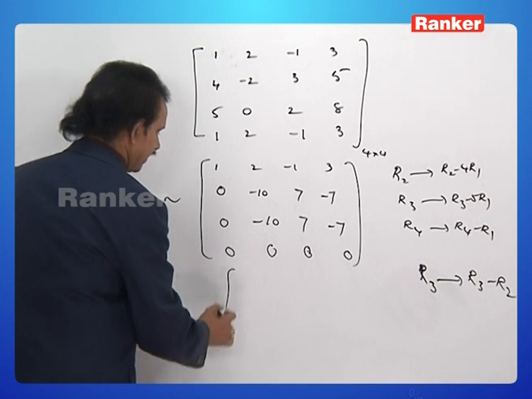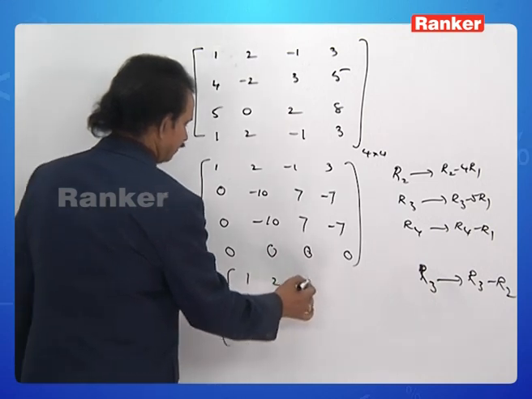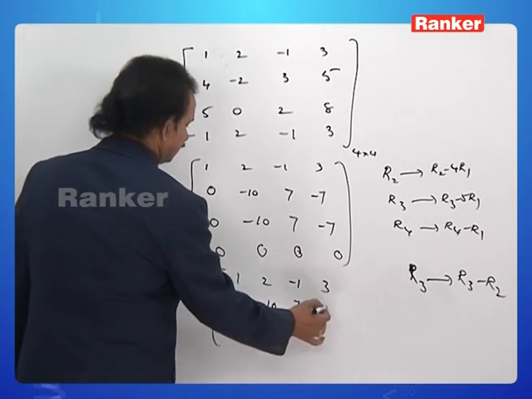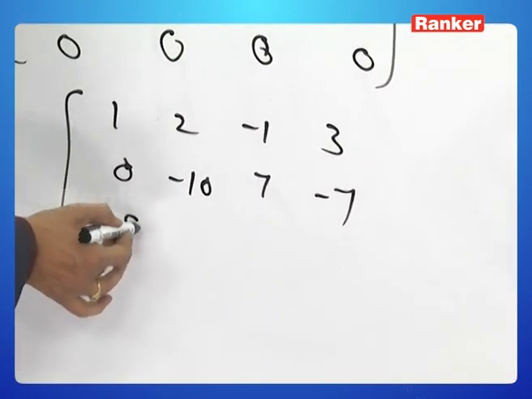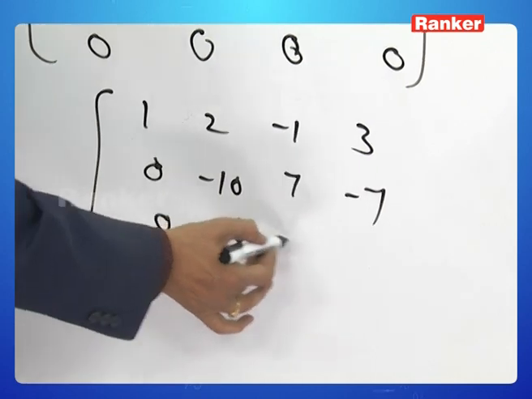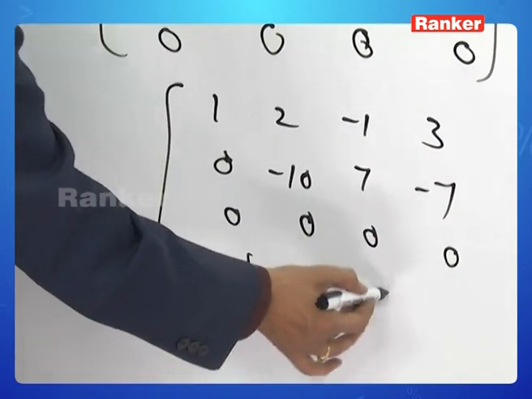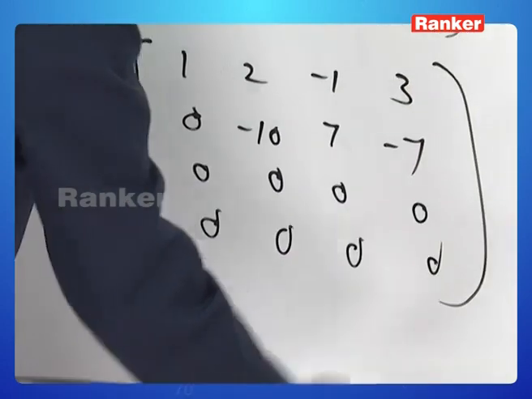What are you going to get? 1, 2, minus 1, 3, 0, minus 10, 7, minus 7, 0 minus 0, minus 10 minus of minus 10, 7 minus 7, minus 7 minus of minus 7, 0, 0, 0, 0, 0. Finished.